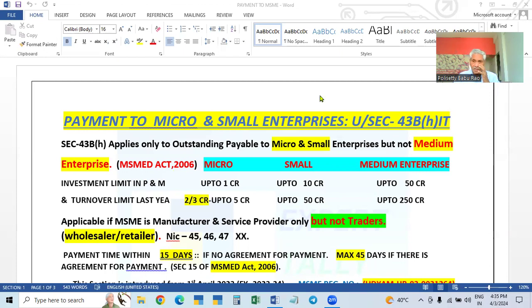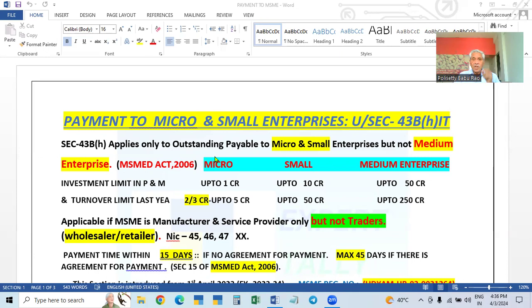Micro and small are very small suppliers, and the third one is medium, which is a little bit more.